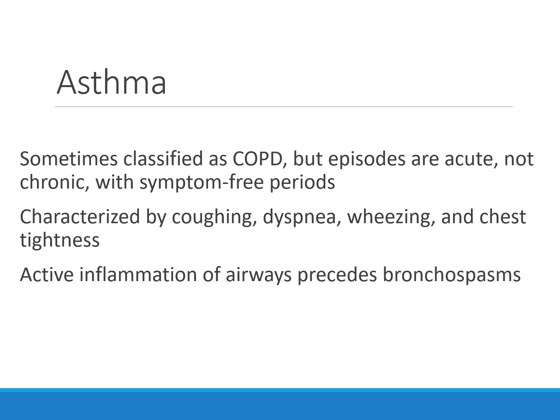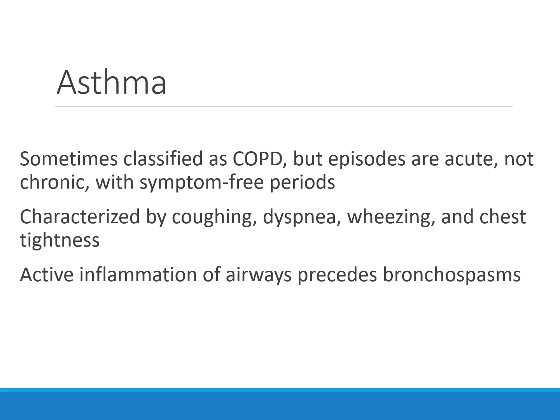Asthma is sometimes classified as COPD, but the episodes are acute, not chronic. So you have periods of time when you are symptom free. It's characterized by coughing, dyspnea, wheezing, and chest tightness. Active inflammation of the airways is what precedes the bronchospasm.